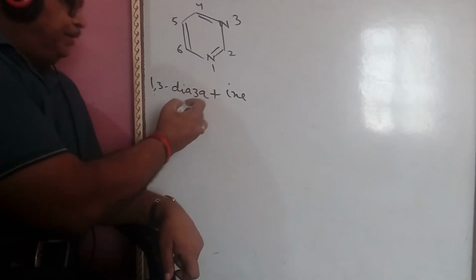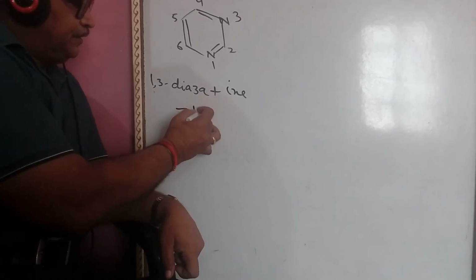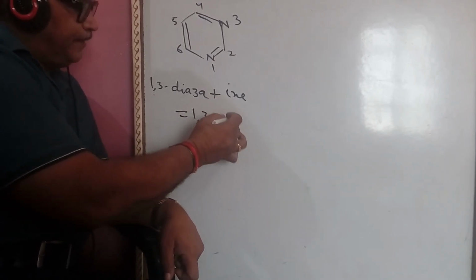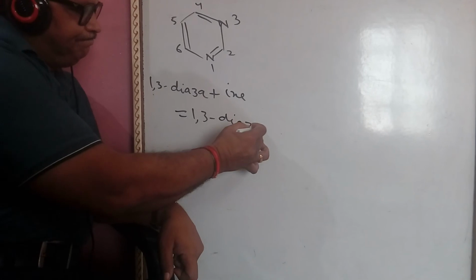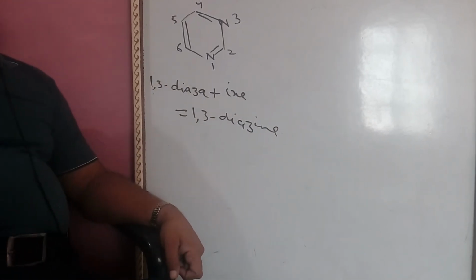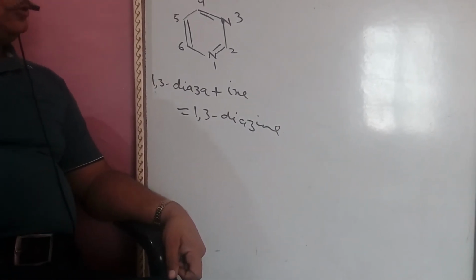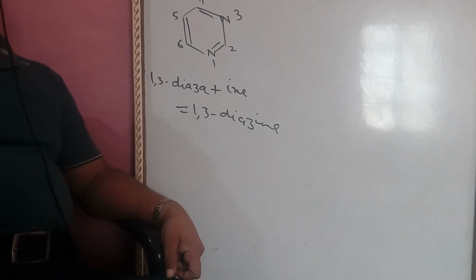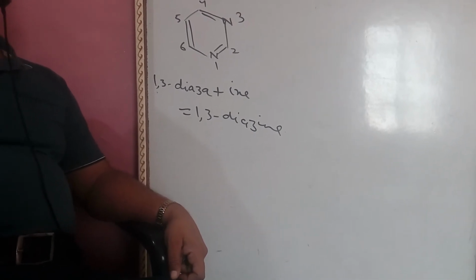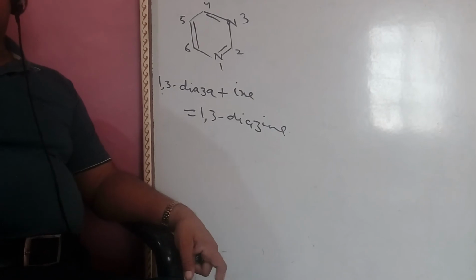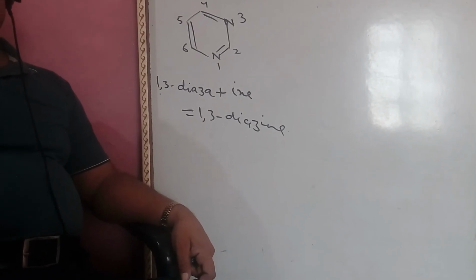So the complete name of this compound will be 1,3-diazine. It is also known as pyrimidine, which is its trivial name, which is recognized by the IUPAC.